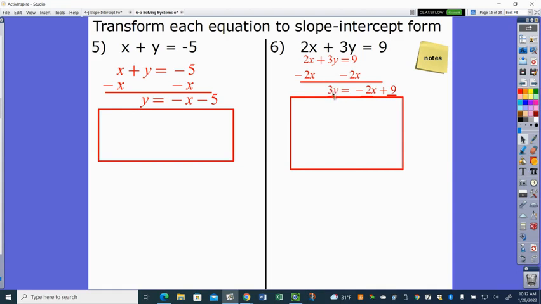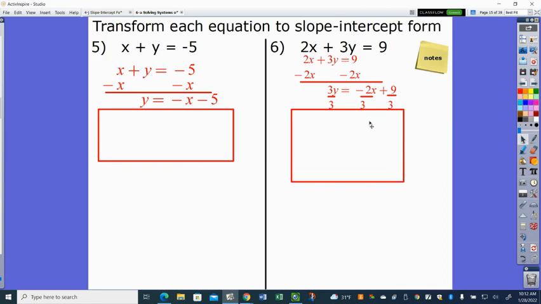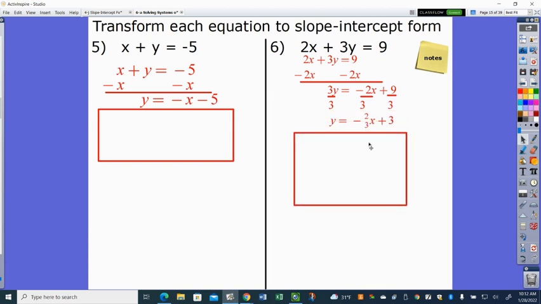The opposite of multiplying by 3 is to divide by 3, and everybody gets divided by 3. 3 divided by 3 is 1. That's how we got the 1y. And here's our rise over our run. And 9 divided by 3 is 3. And boom, we're ready to go ahead and possibly graph that one.